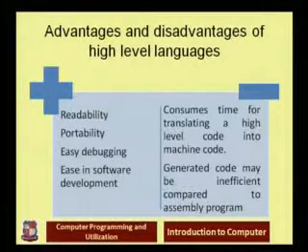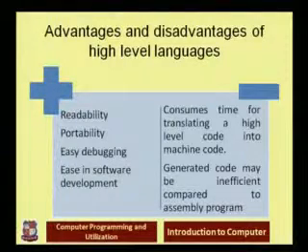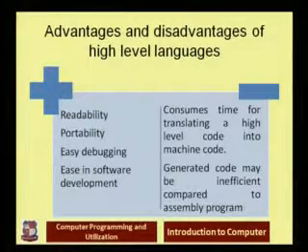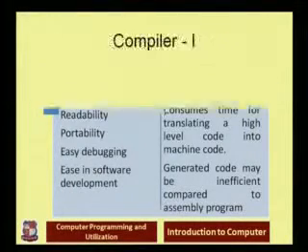So this process will require some time. The next point is that the generated code may be inefficient compared to the assembly program. Whatever the translated code from the high level language is, it may be inefficient compared to an assembly program we have written earlier.